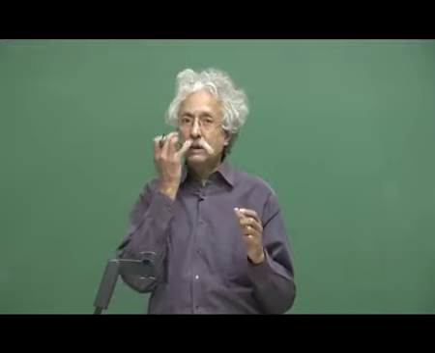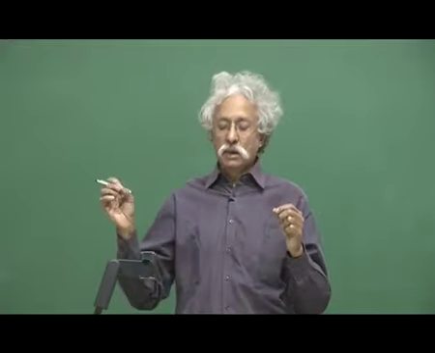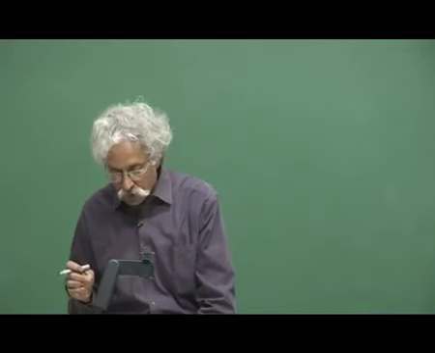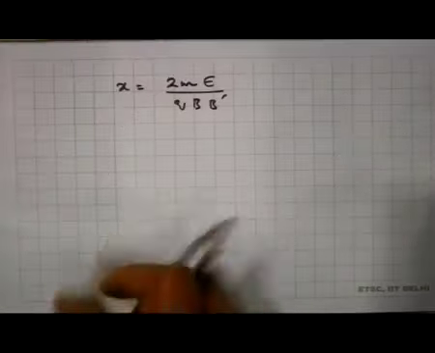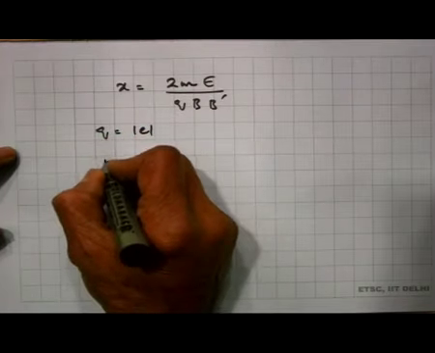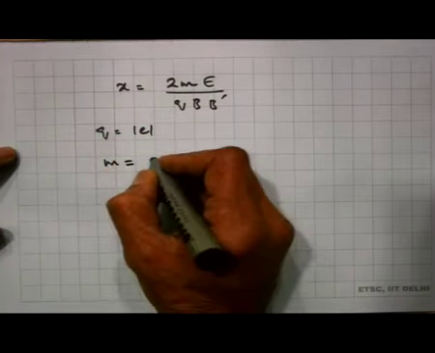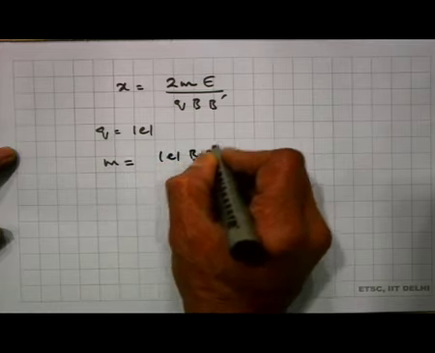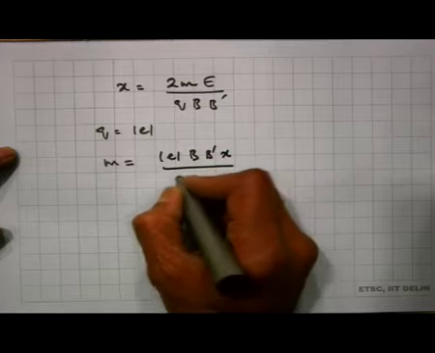It was neutral; you remove one electron, and it has remaining positive charge of plus e. So this q is equal to mod e, and so I get m is equal to mod e B B prime x by 2E.